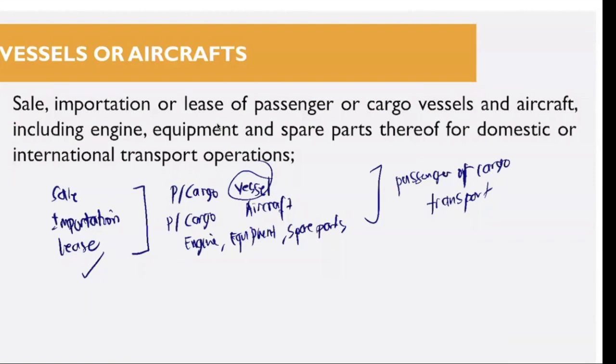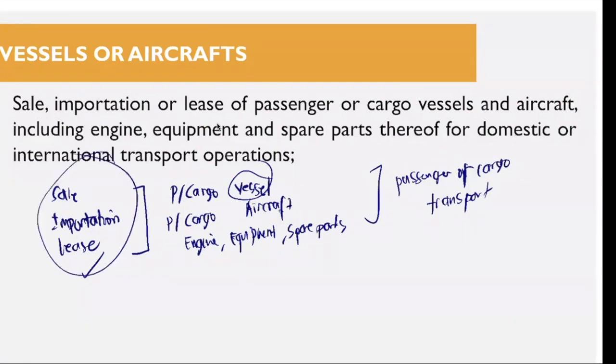So you just need to look if the particular cargo vessel or passenger vessel or cargo aircraft or passenger aircraft is for transport operations. If it is for transport operations, then it is exempt. Transactions, sale, importation, or lease.